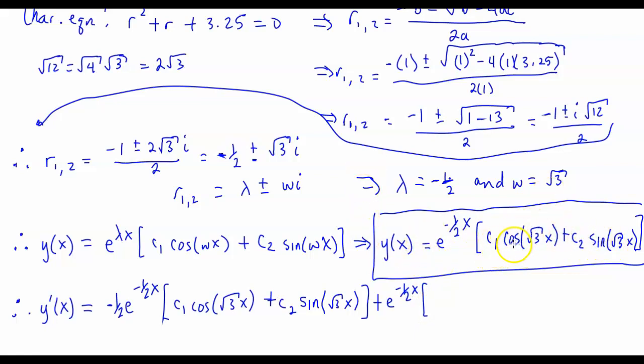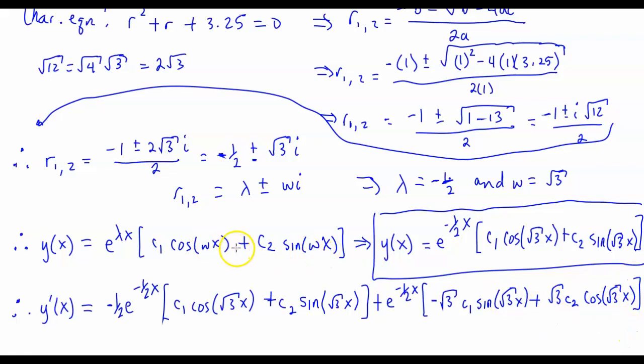The derivative of cosine of square root of 3x is going to be minus square root of 3 sine of square root of 3x. And of course, we also have that constant c1 there, so we have to include that. And notice that this x here is not under the square root sign. Take the derivative of the second term. This will be square root of 3 times c2 cosine of square root of 3x.